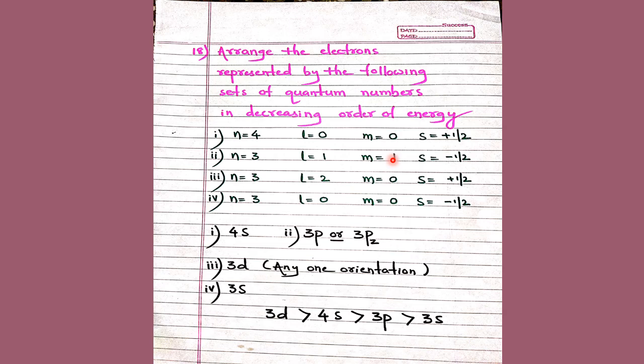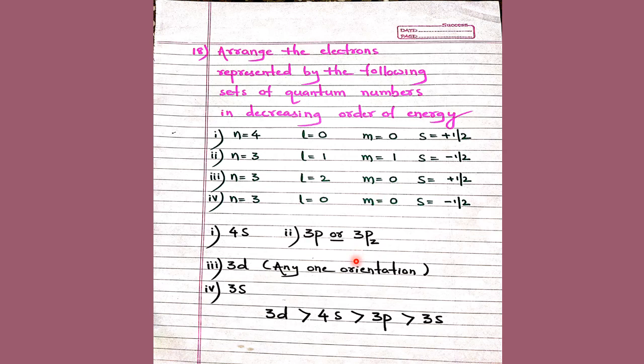Now this is n equal to 3, l equal to 2, which means 3d. m equal to 0 means no particular orientation, and s equal to +1/2, spin up. Out of the 5 orientations, you are most welcome to take any one orientation. So it is the 3d orbital.